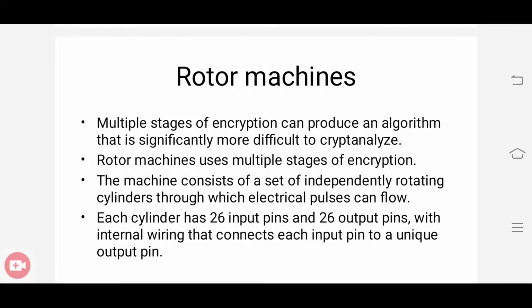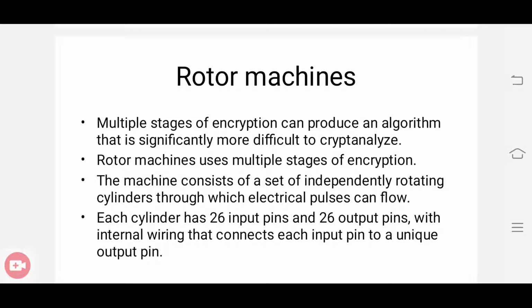Next, we can study what we mean by a rotor machine. Actually, this rotor machine is a multi-stage encryption mechanism. It is more difficult to cryptanalyze, or more difficult to break the code.